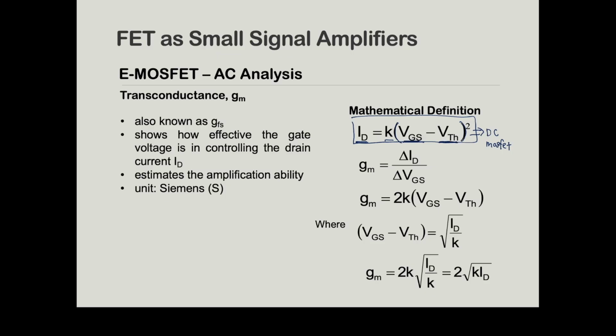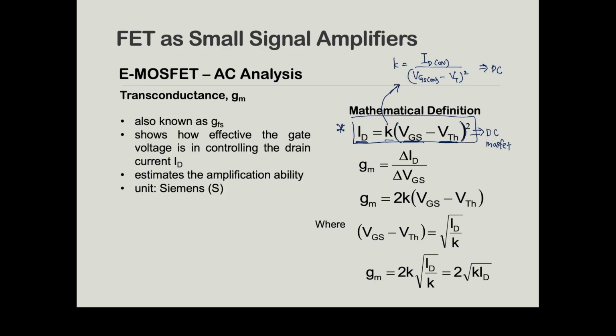And what is K? K equals ID on divided by (VGS on minus V threshold) squared. So this formula is the same as what we have learned in DC analysis. You still use this formula for AC analysis.